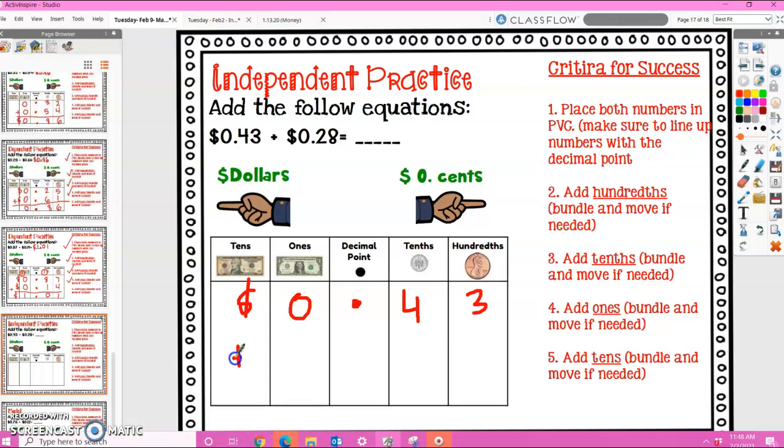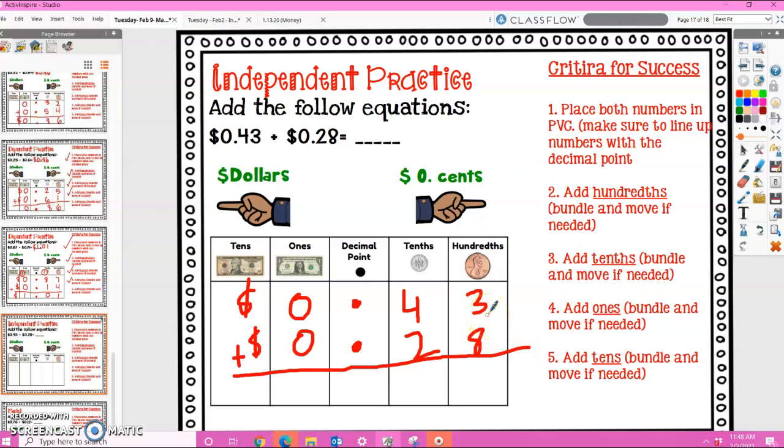Draw my second number. 28 cents. What number goes in the ones place? 0, sorry. What number goes right after the decimal in the tenths place? 2. And what number goes in the hundredths place? 8. So let's go ahead and add those up.